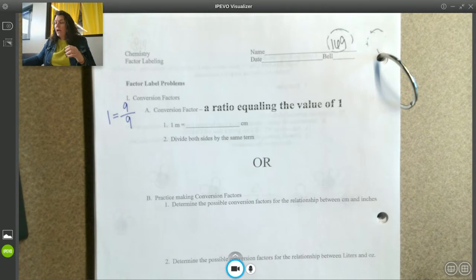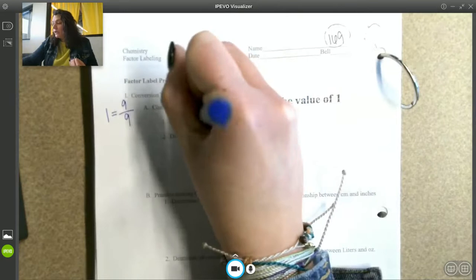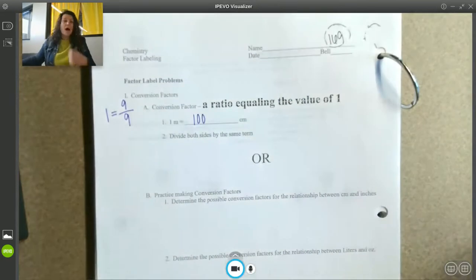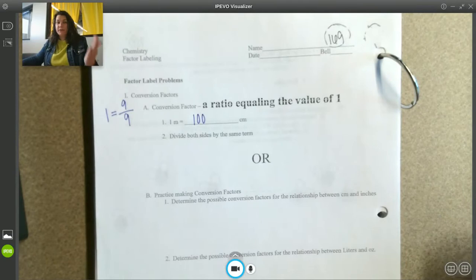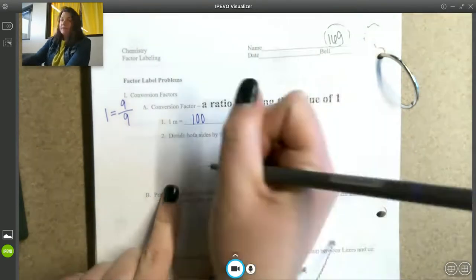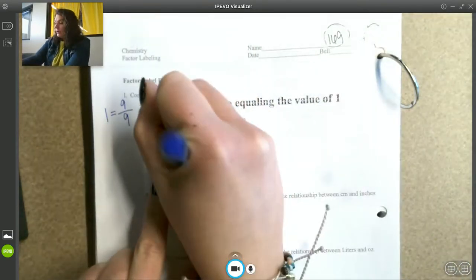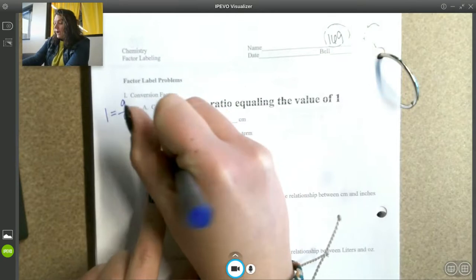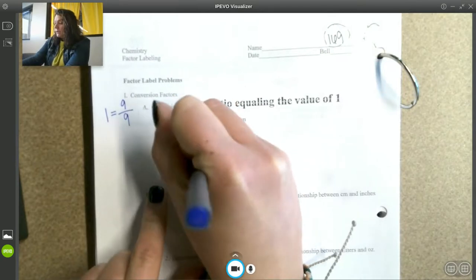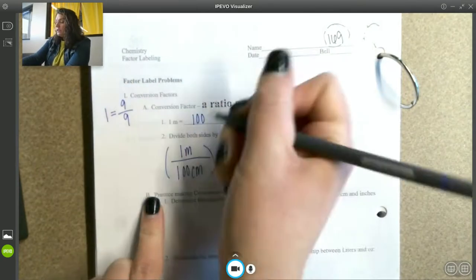So let's think about this for a second. We know that for every 1 meter we have 100 centimeters. I can create a conversion factor using my knowledge of meters to centimeters. So I can say for every 1 meter, I have 100 centimeters. This is a conversion factor.